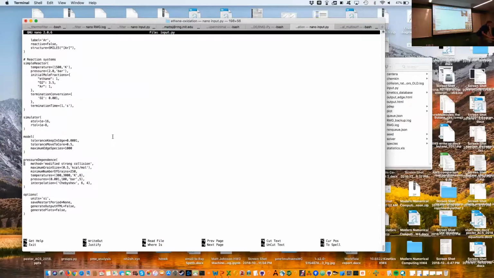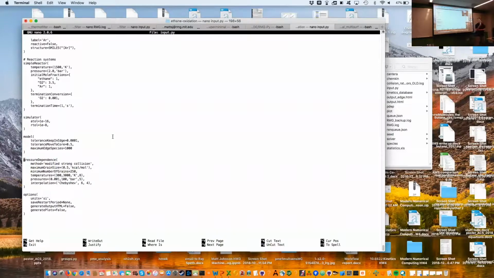Explain it. So method is your choice of method, which is built in through modified strong collision, reservoir state, and CSE. The maximum grain size is the largest section of the energy, the largest energy grain is allowed to have.